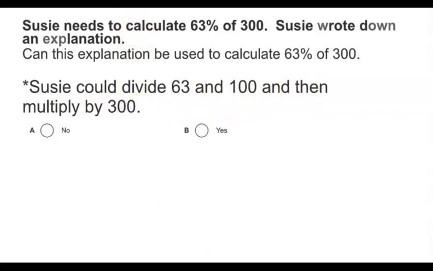Yeah, of course this is going to work, because dividing 63 by 100 would look like this. That is 63%. And then you're going to take that times 300. That's something that we saw earlier on. So Susie could divide 63 by 100, which is 63 over 100, which is 63%, which is also 0.63.